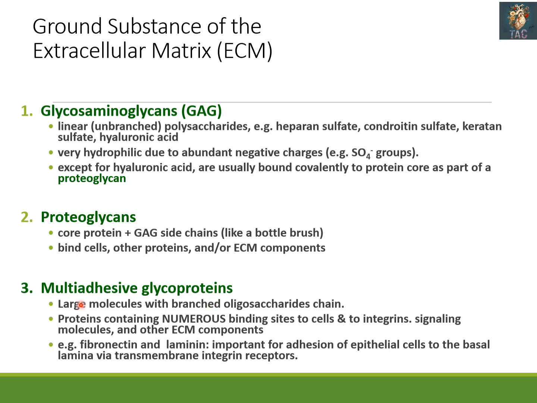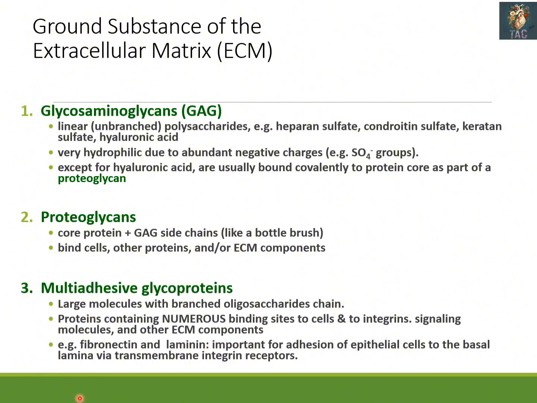First, see what the multi-adhesive glycoproteins are. These are large molecules with branched oligosaccharide chains. These are proteins containing numerous binding sites for the cells which are present in the extracellular matrix, and also for the integrins, which are the signaling molecules, and other extracellular matrix components.